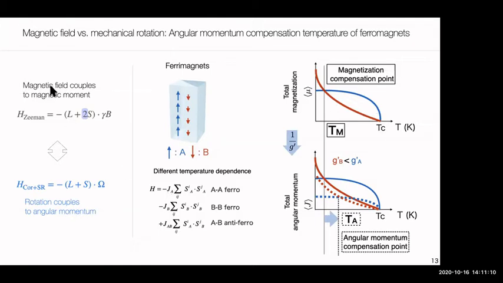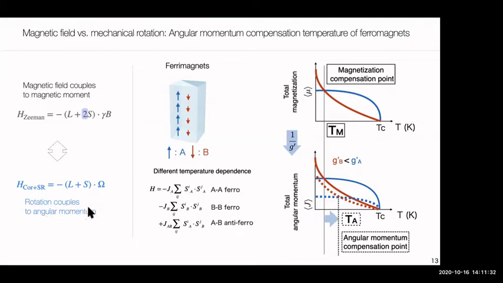As I said, the mechanical rotation is a kind of magnetic field, but it is not identical, because the magnetic field couples to the magnetic moment, but the mechanical rotation couples to the total angular momentum.